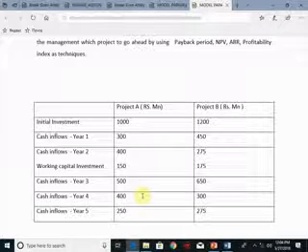We didn't consider it earlier, but for NPV, all the cash inflows and outflows we have to consider. Third year, 500. Fourth year, 400. Fifth year, 250. The discounting factor for year 0 is 1, year 1 is 1 divided by 1.1, 0.909. Second year, 0.826.